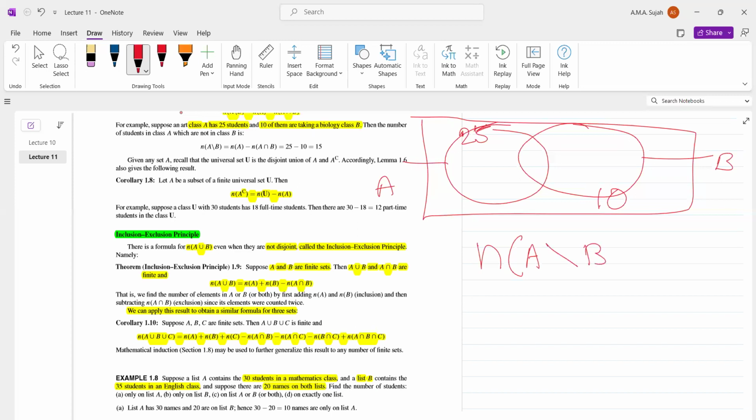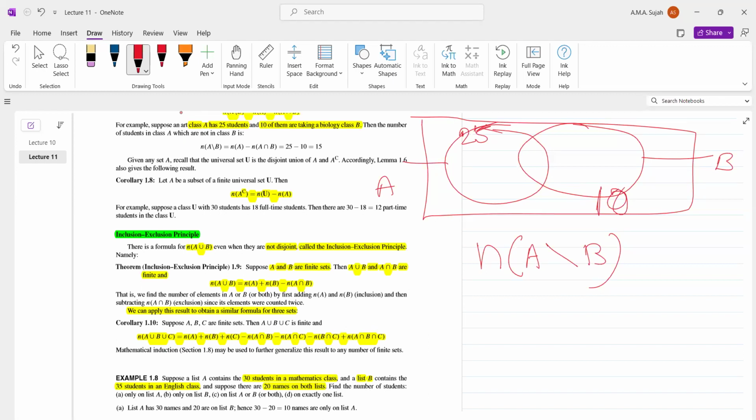A difference B. A is the set of class A. Among the 25 students, 10 students belong to class B as well, the students taking the biology subject. They are asking how many students in class A are not taking class B.